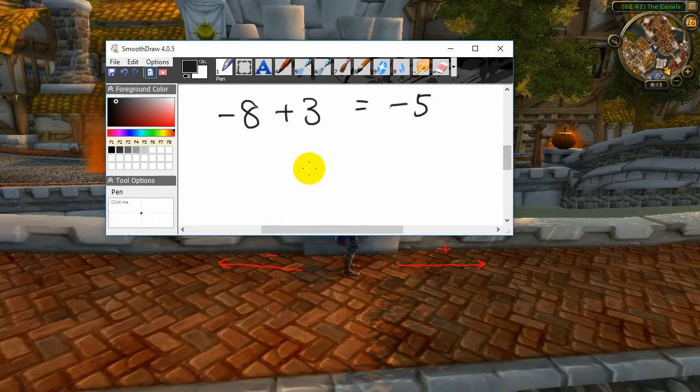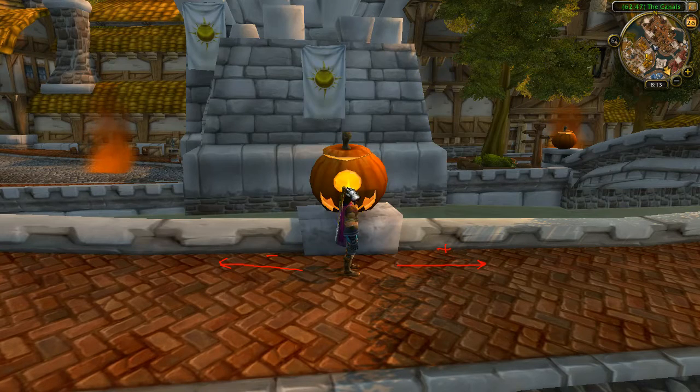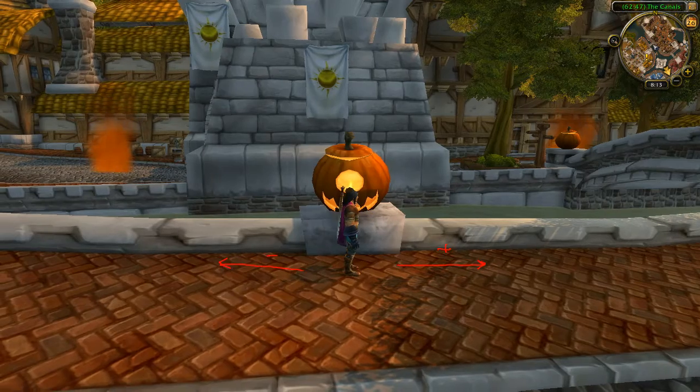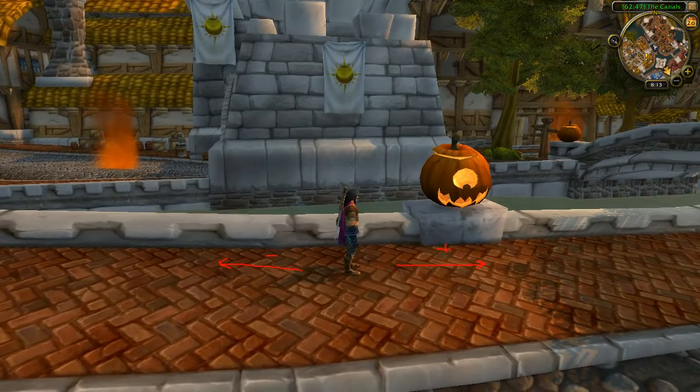Okay, so similarly, let's try negative 10 minus 2. Actually, these numbers are too big. I'm going to be walking too far. So let's try negative 3 minus 4. Okay, so if I go back, negative 3, so 1, 2, 3.